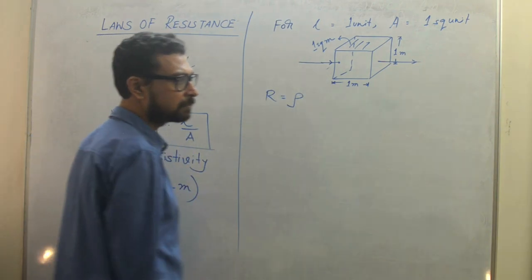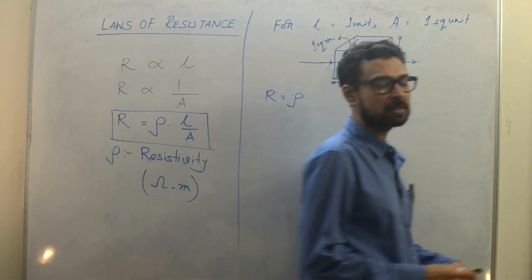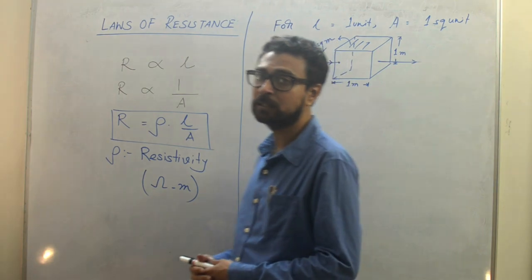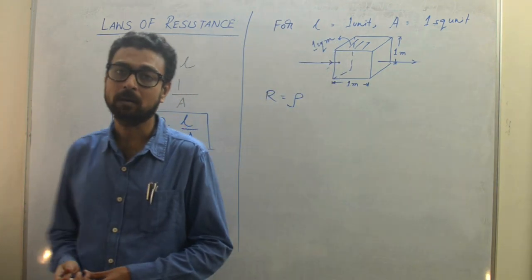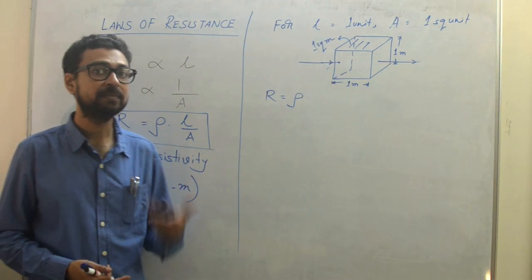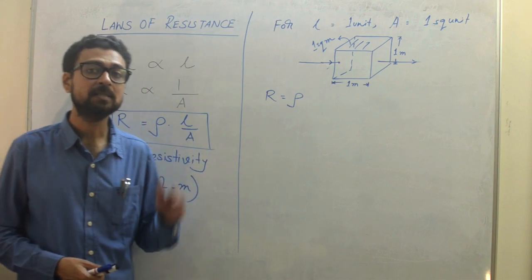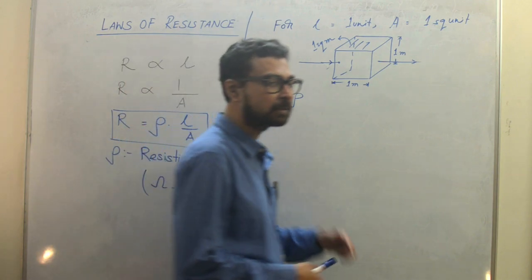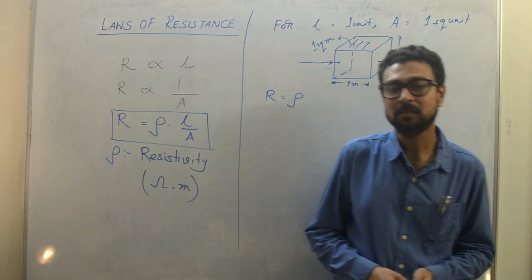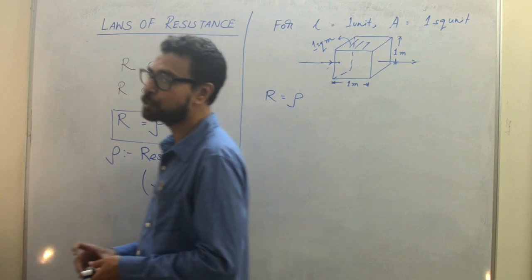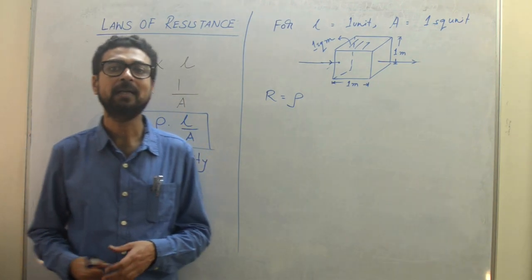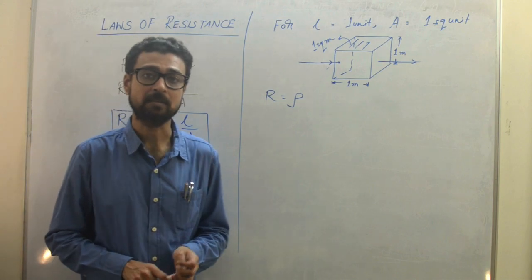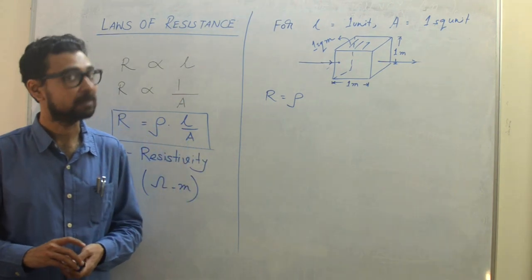So resistivity is defined as the resistance of a conductor having unit length and unit cross sectional area. This is the definition of resistivity. Or we can imagine a cube having unit length, and then the resistance between two opposite faces of that cube is also known as resistivity.